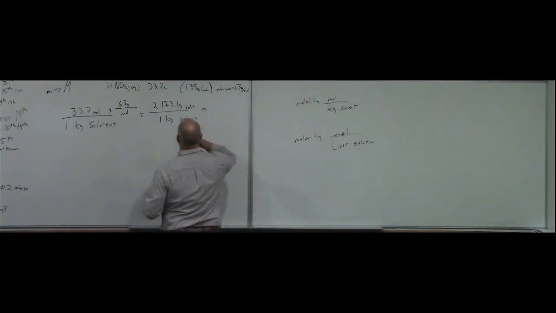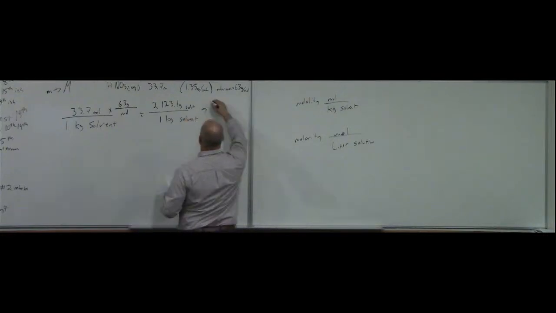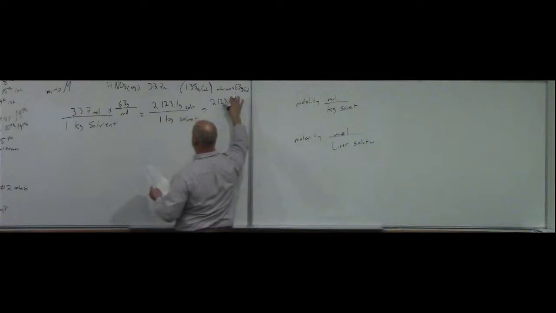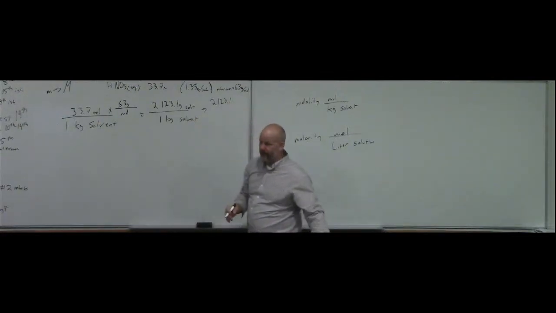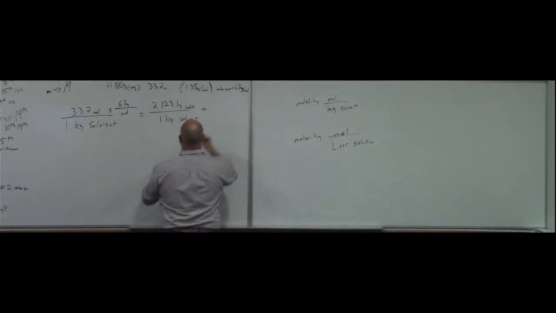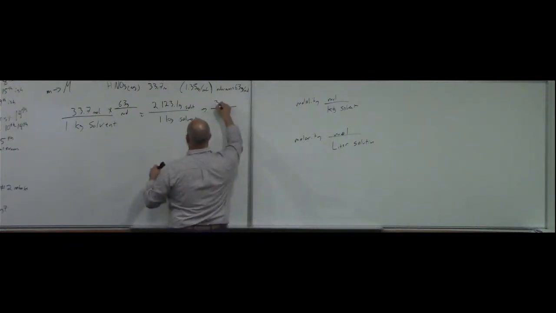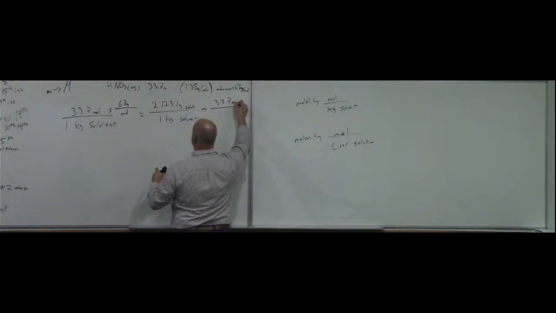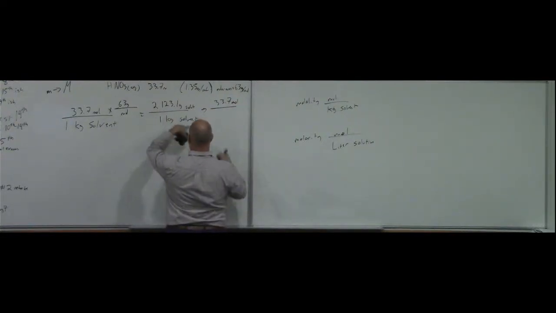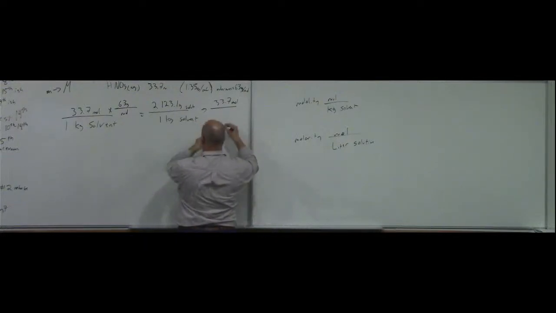So I'm going to think of it this way. I've still got my 2,123.1 grams. Actually, I'm not going to need that again after this. I'm going to ignore that for a second. I've already done the math. I know that that is 33.7 moles, right? We know what that is. I went to this because when I add these together, that's going to give me my mass of my solution.